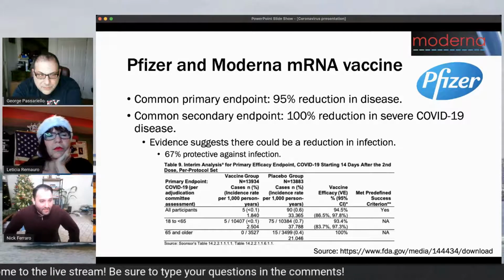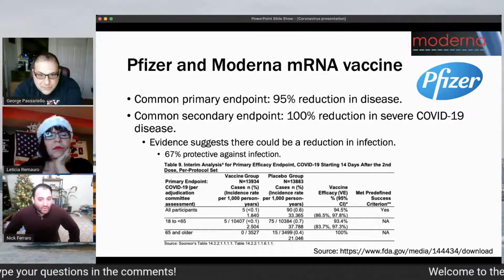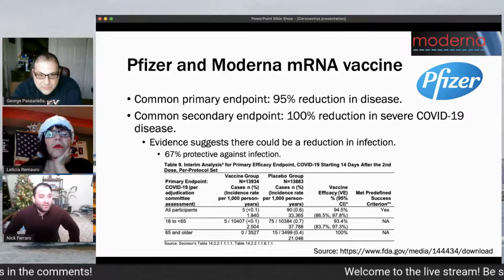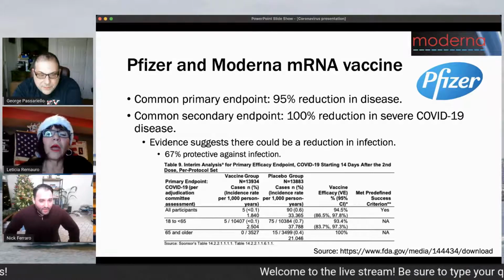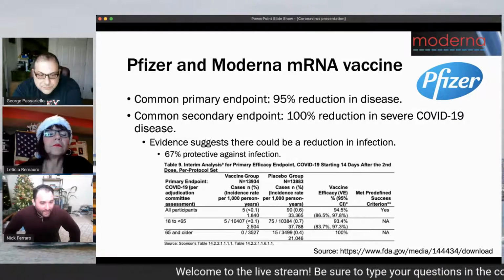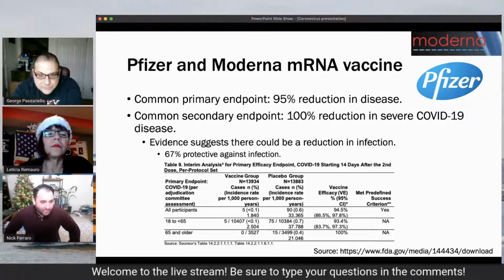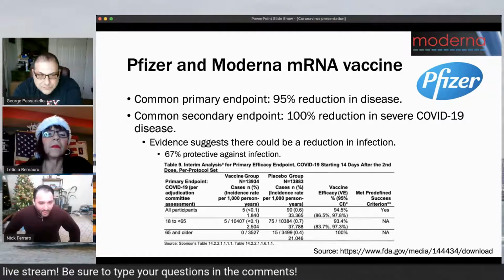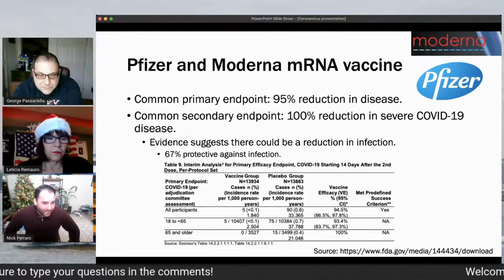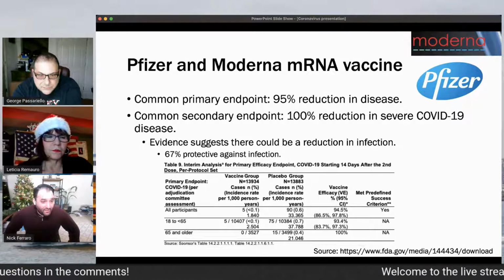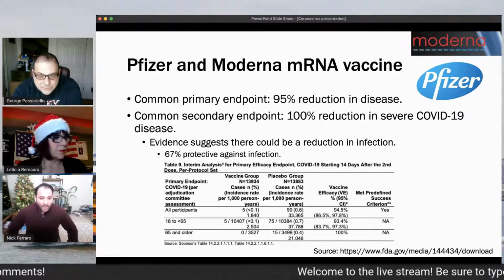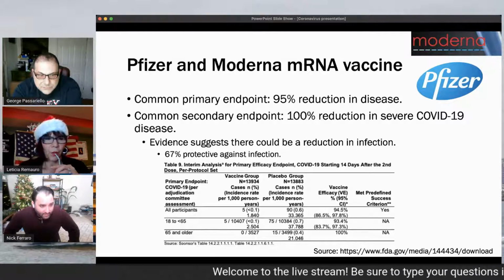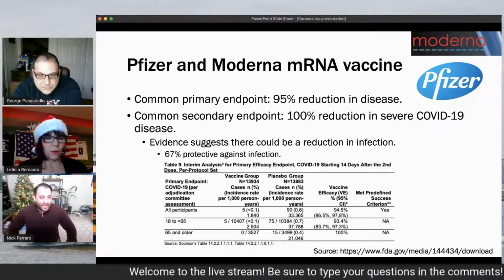Nobody in the vaccinated group showed severe COVID disease, which we know if everybody were to get vaccinated, the hospitalization rate would drop to 0. Evidence does suggest that there could be a reduction in infection. So we have to talk about neutralization and protectiveness of the vaccines.